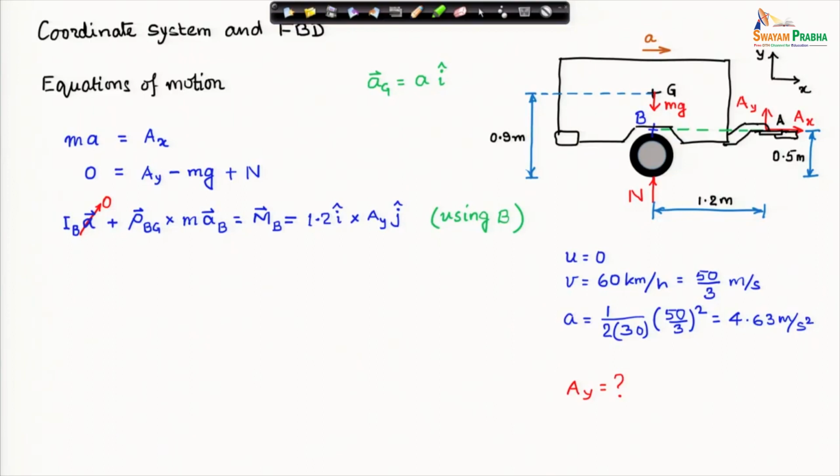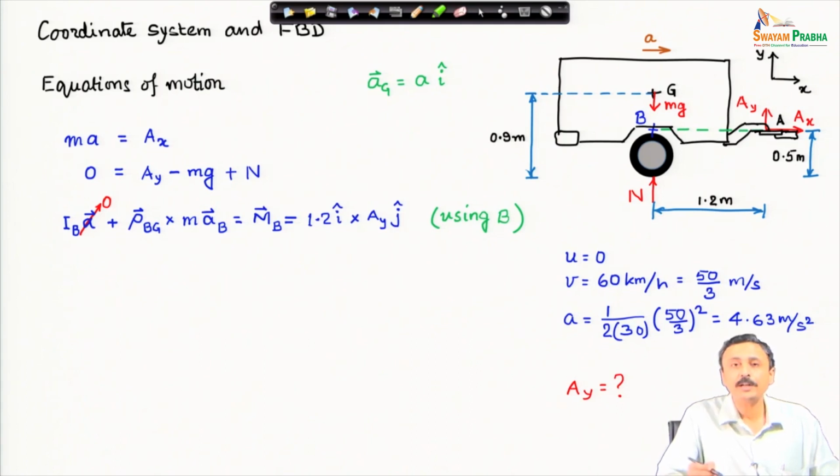Now, why have I chosen point B to write my rotational dynamics equation? First of all, this is the rotational dynamics equation about point B. I_B is the moment of inertia about point B of the trailer, plus rho_BG cross m a_B, acceleration of B, that is equal to the net moment about B. Now, why did I choose B?